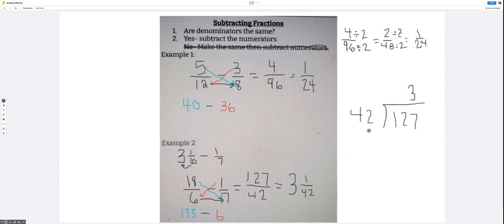And 3 times 42 is 126. And we subtract and we get 1. This 1 is a remainder and can also be written as a numerator over the divisor, saying that you had 1 out of 42 left over.